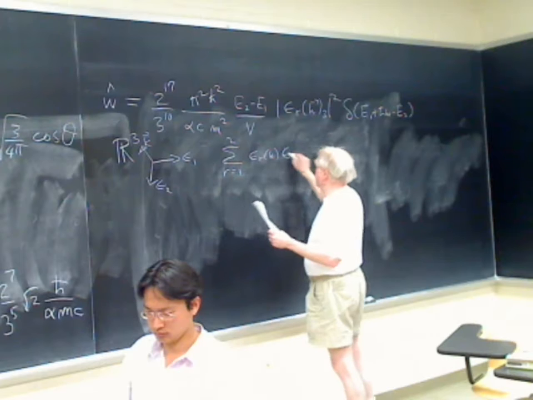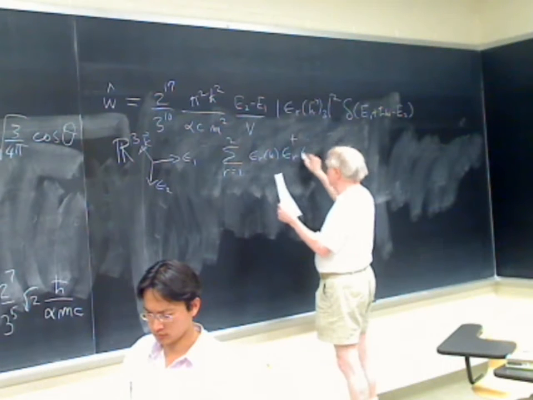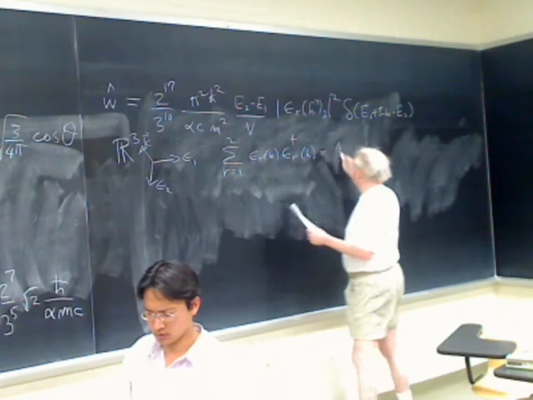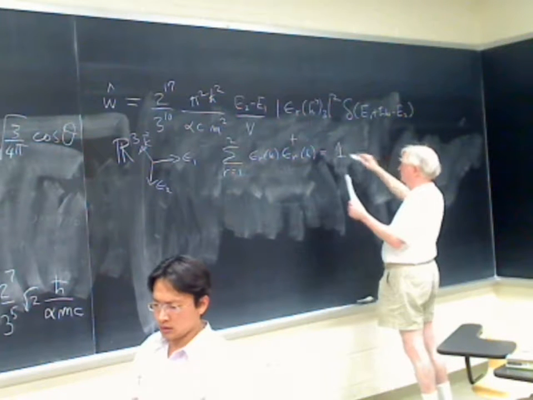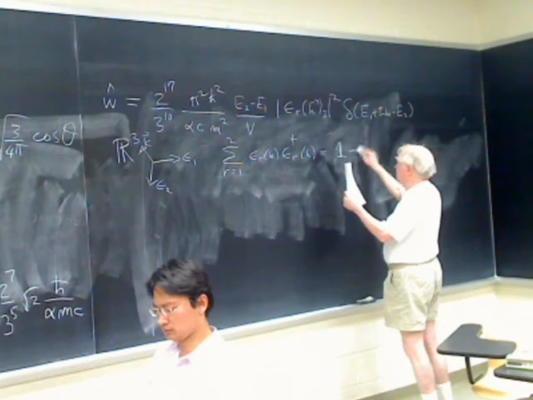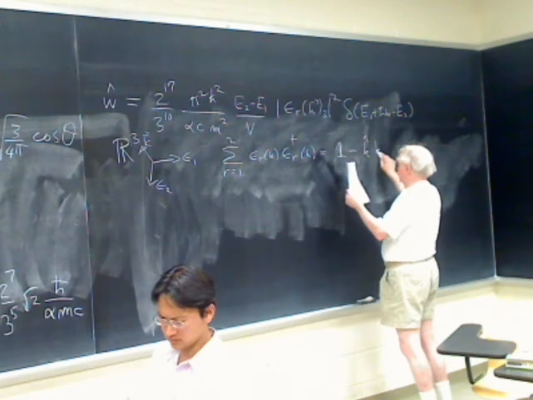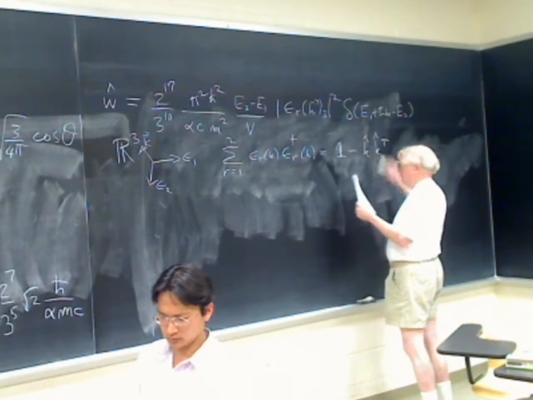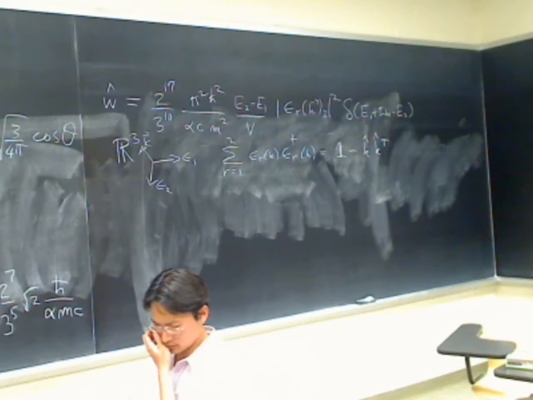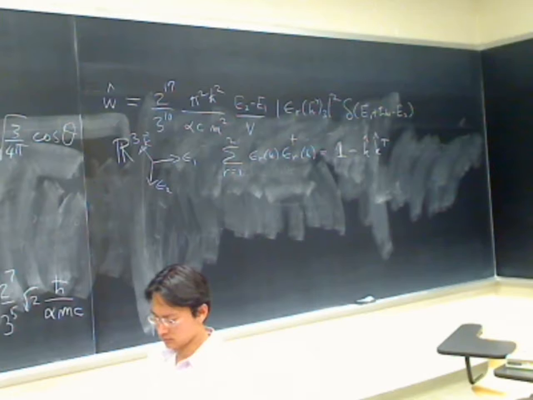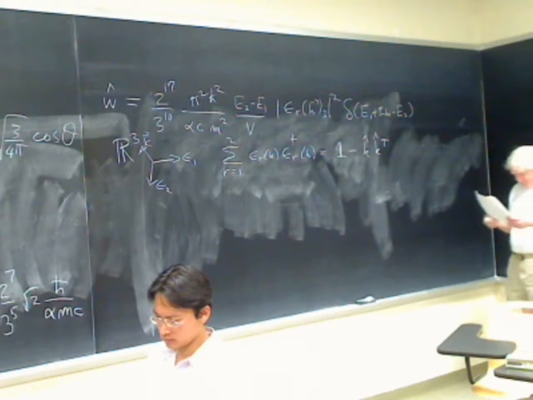This is an outer product. Epsilon r dagger of k is going to be the 3 by 3 identity matrix minus the outer product of k with k transpose, or k dagger if you want, but k is real. Okay, so that's the expression for the sum of the polarization vectors.